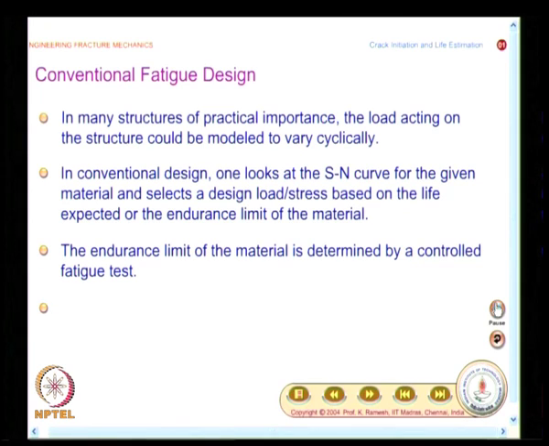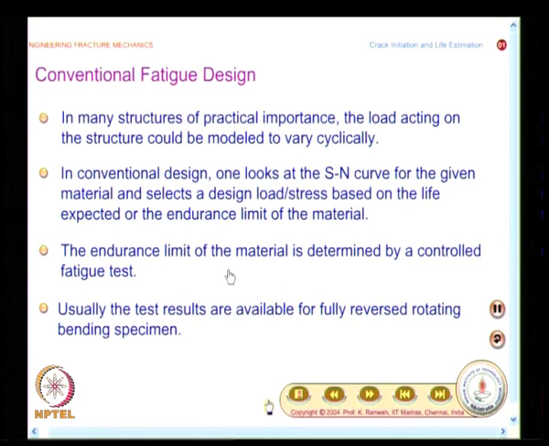But conventionally, if you have cyclical loading, you just take the SN curve for the material and try to use the data appropriately on the basis of your need. You will have to note that the endurance limit of the material is determined by a controlled fatigue test, and usually the test results are available for a fully reversed rotating bending specimen.